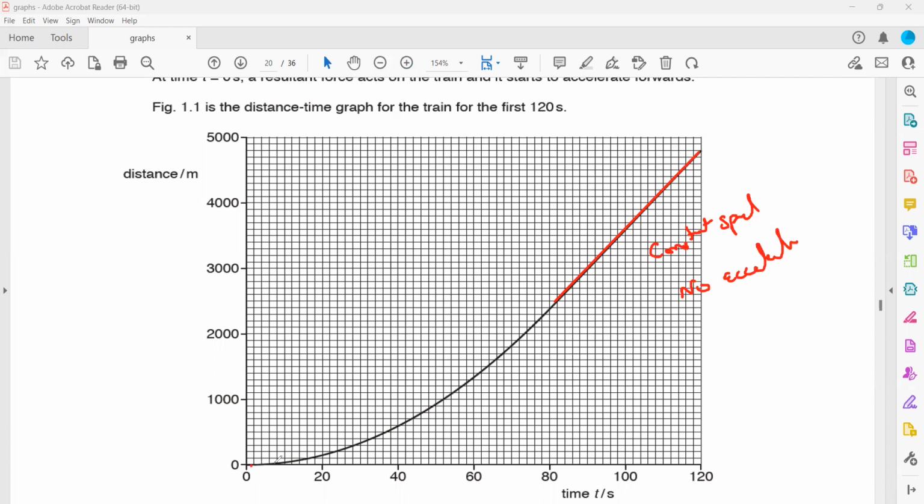And this part at 20 seconds, as the slope was increasing, it was accelerating because the speed was changing at a different rate. So at 20 seconds, we can say the train was accelerating, but at 100 seconds, the train was not accelerating. It was moving with a constant speed.